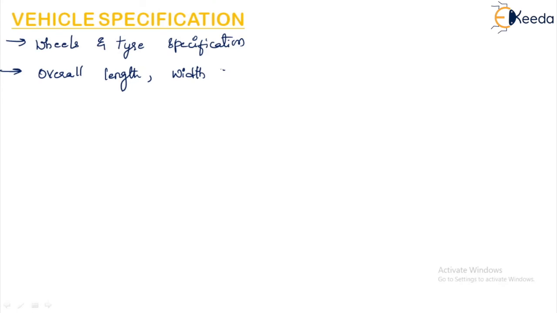As we have already seen in the classification of Indian vehicles, there we are considering the length and the engine size. So here for specifying a particular vehicle, we have to consider its length, height and width also.